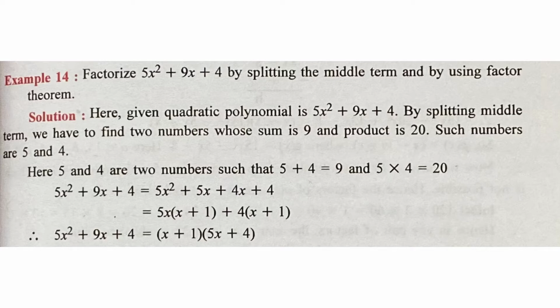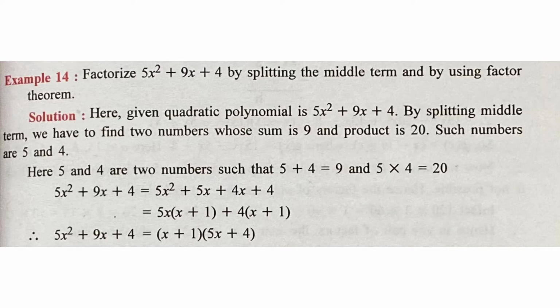Here coefficient of x square is 5 and constant term is 4. So we have to take the product of 5 into 4, which is equal to 20, and coefficient of x is 9. So we have to find two numbers whose product is 20 and sum is 9. So two numbers are 5 and 4. So 5 plus 4 is 9 and 5 into 4 is 20.